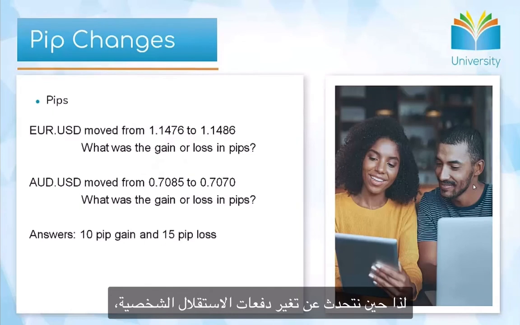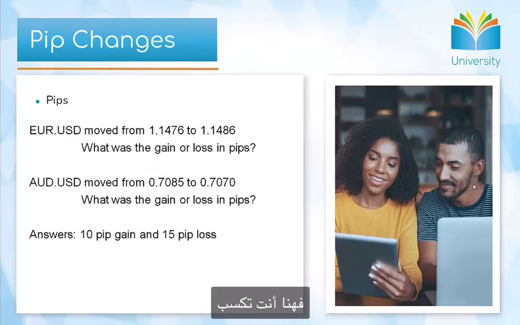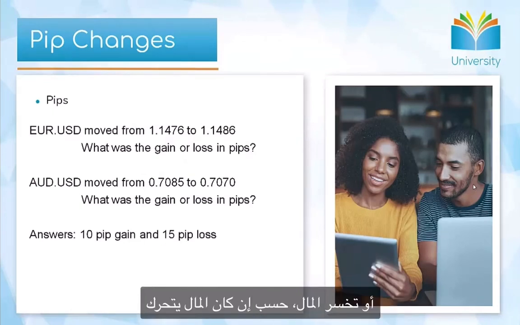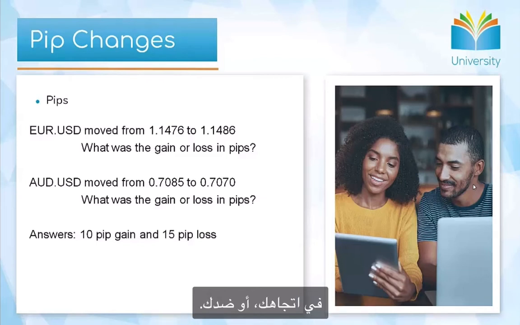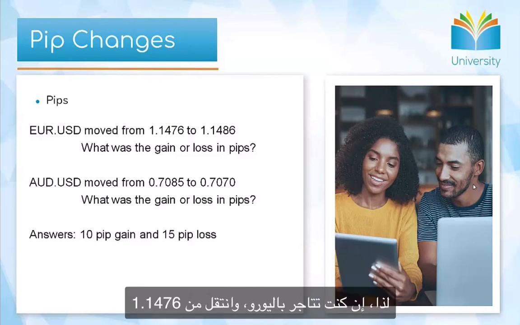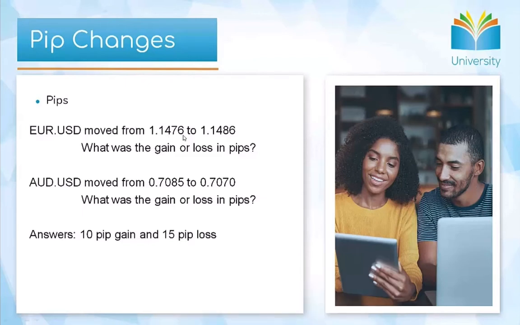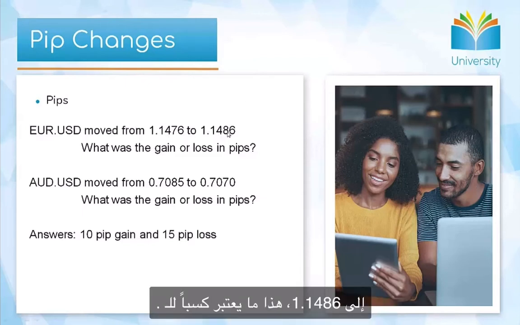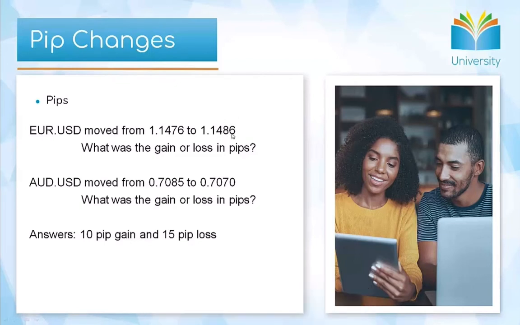So when we talk about pip changes, this is really where you're making or losing money, depending on whether that is moving in your direction or against you. If you trade Euro USD and it moved from 1.1476 to 1.1486, what is that in terms of gains in pips?